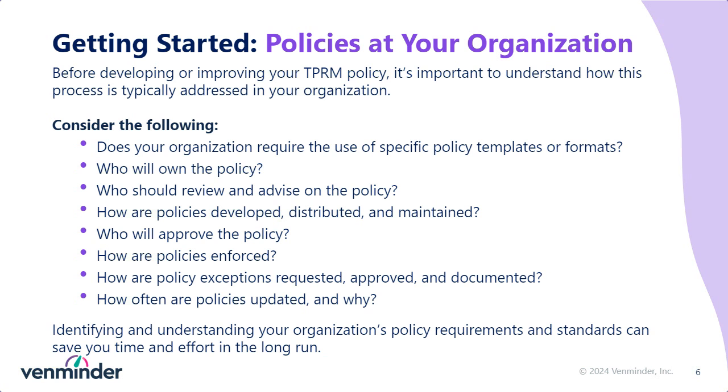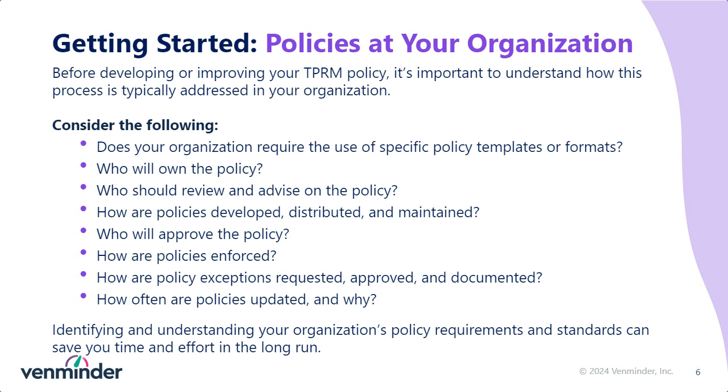We need to know who owns the policy and who should be involved in the review and who should advise on the policy, right? Which stakeholders should be involved. We want to know how policies are developed and distributed and maintained. So, who approves that policy? In most organizations and for best practices, that should be the board of directors, but maybe that doesn't apply. In your organization, it just might be the most senior level of management or even the risk committee.